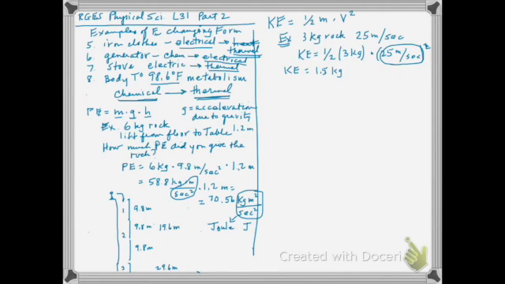And then we're going to multiply by 25 meters per second squared. So what is 25 times 25? That's what you do when you square something. 25 times 25 is 625.